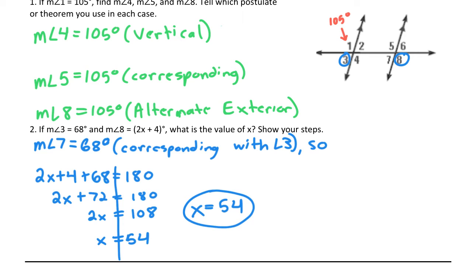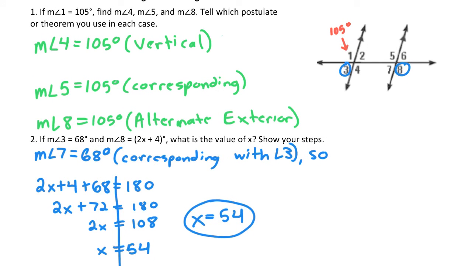Okay, so to explain the guided practice, I asked you to find just the measures of angles 4, 5, and 8. So from each of these, I'm using that original measure of angle 1 being 105. So all three of these angles are 105, but the thing I want you to get down is what relationship you use to find that measure.